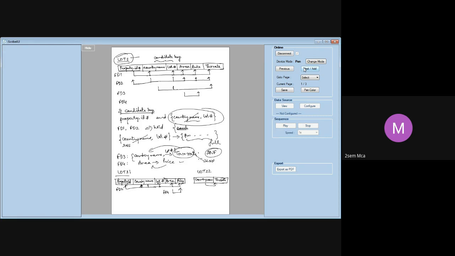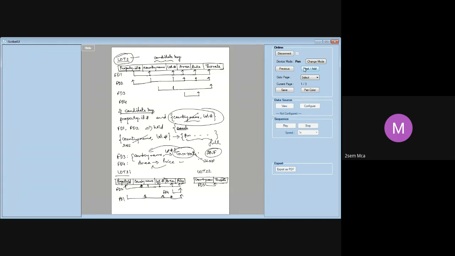This is FD2. FD1 is also there because that is not violating anything. This is your FD1. And FD3, I will take it as a separate table. So I have decomposed the lots table into lots 1 and lots 2 and put this tax rate into a separate table because the tax rate was partially dependent on the candidate key of lots.